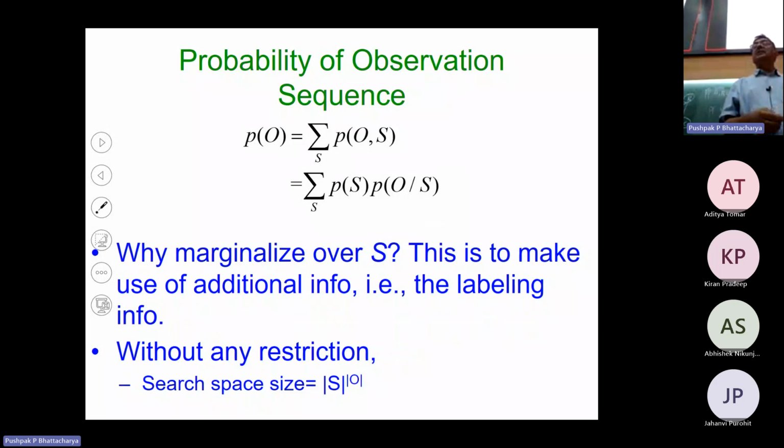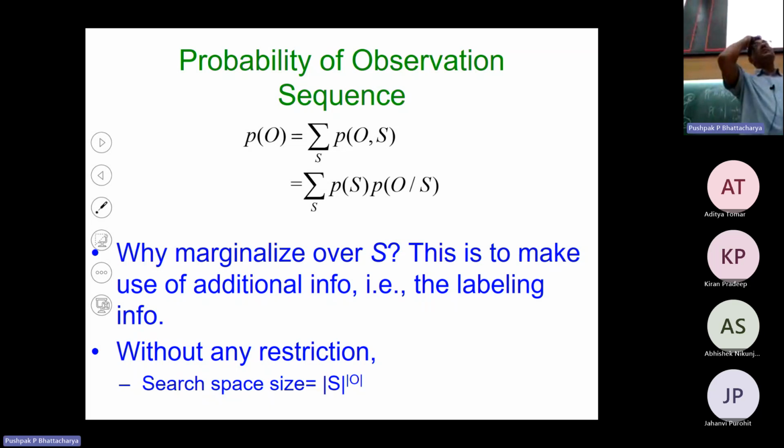Now, fortunately, we have both these parameters computable. For P(S), I can make the bigram assumption and turn it into a product of transition probabilities. And for P(O given S), I can make again the Markov independence assumption and turn it into a product of observation probabilities. So we have a product of transition and observation probabilities, summed over all possible states.